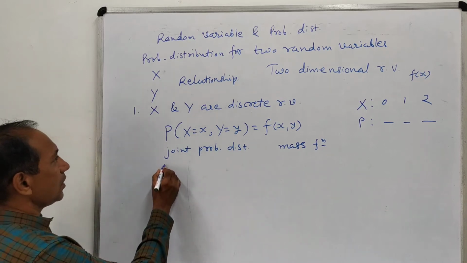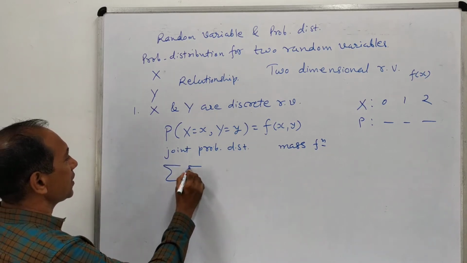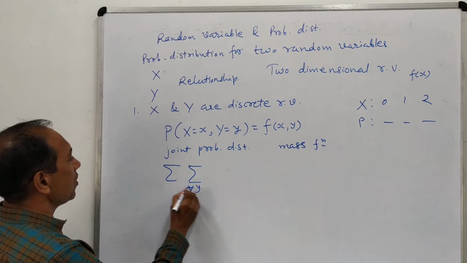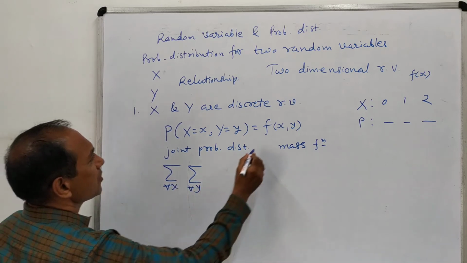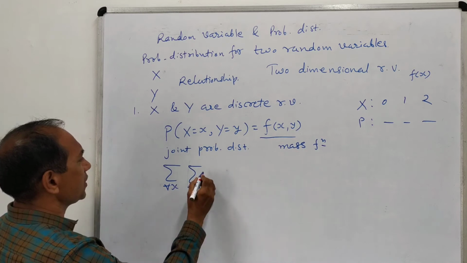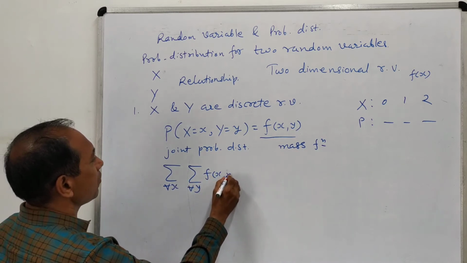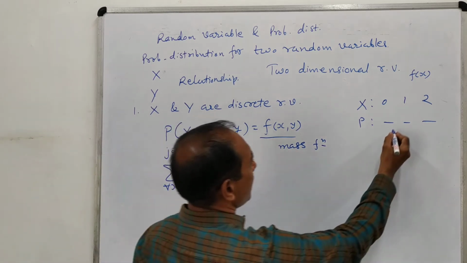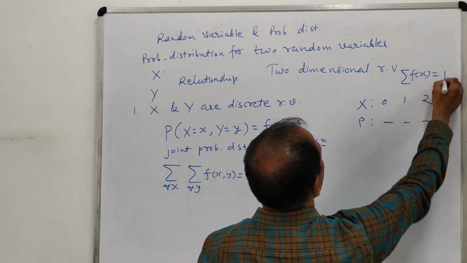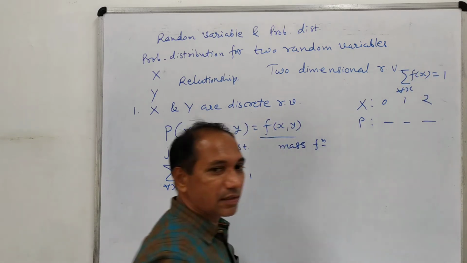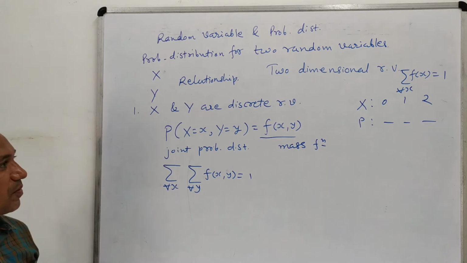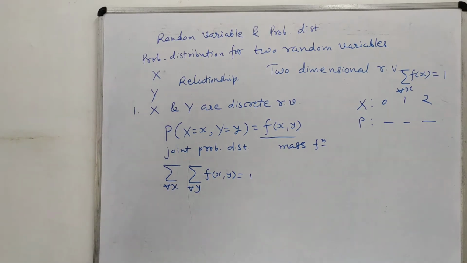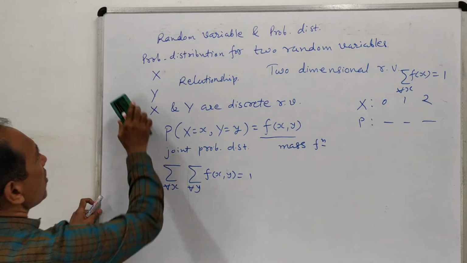And this is the probability such that the summation of all possible probabilities, that means whatever the probabilities we get from the distribution, is always equal to 1. See, likewise here we have seen that sigma f(x) equals 1 for all x. So here again the total probability is always equal to 1. So for joint probability distribution we have this kind of probability.